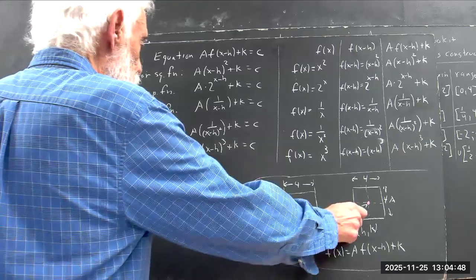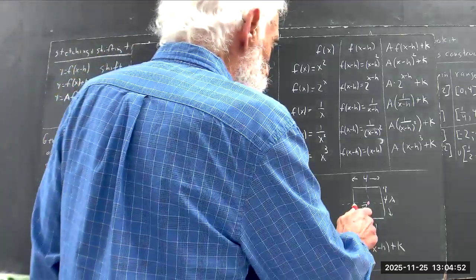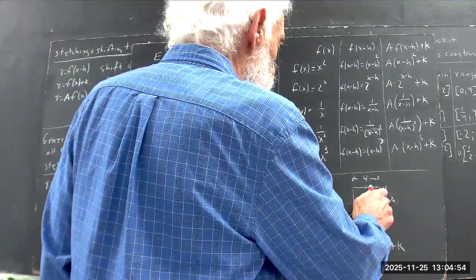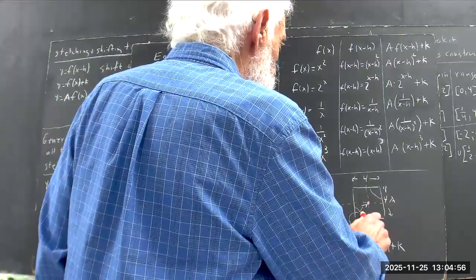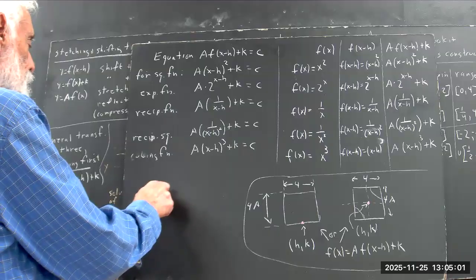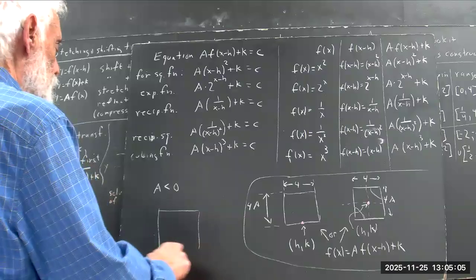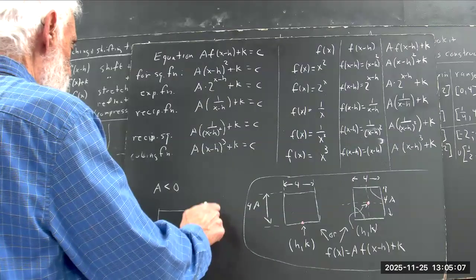If a is greater than 0, then, for example, this curve will look like this. It's not very well drawn. If a is less than 0, then you still have the same dimensions.